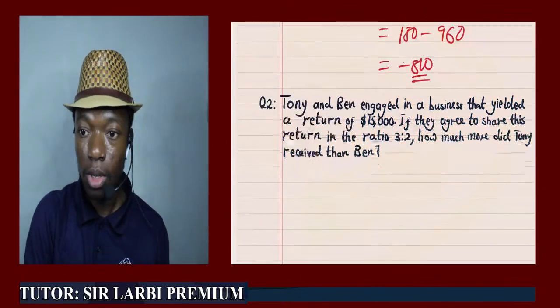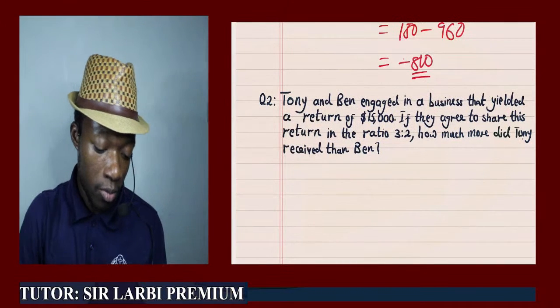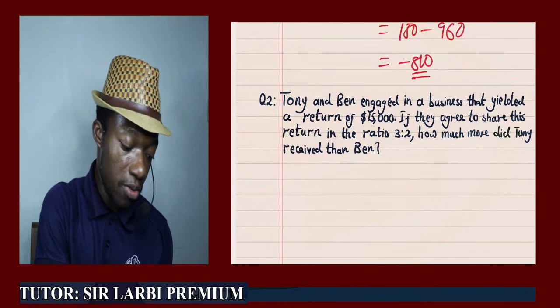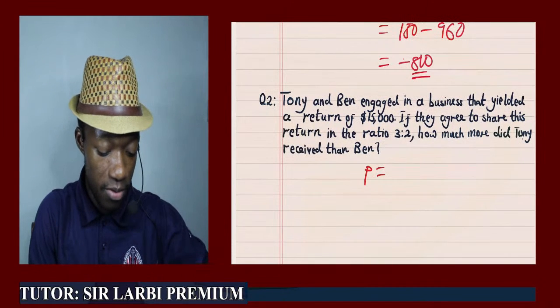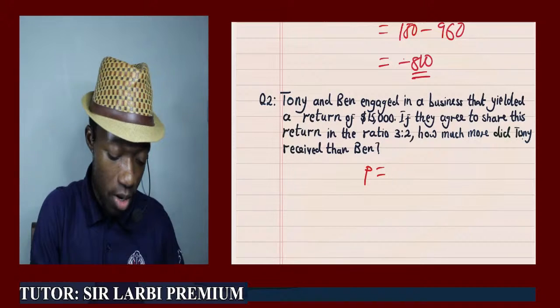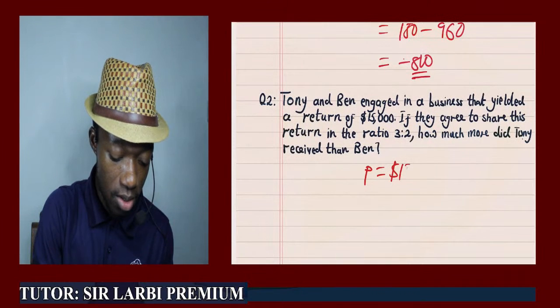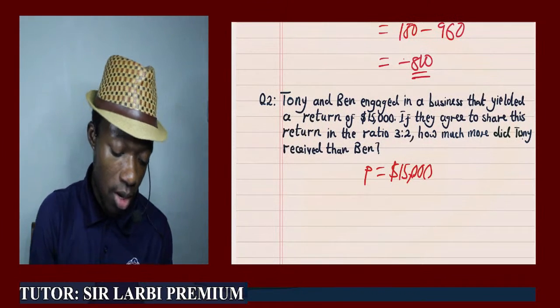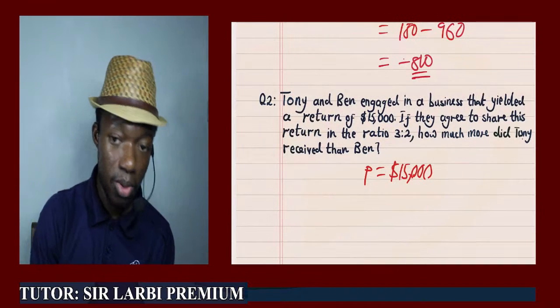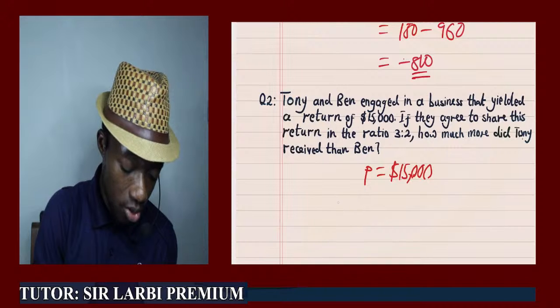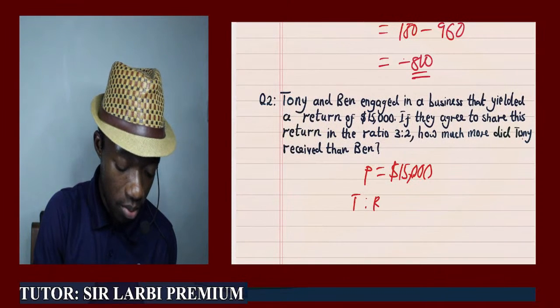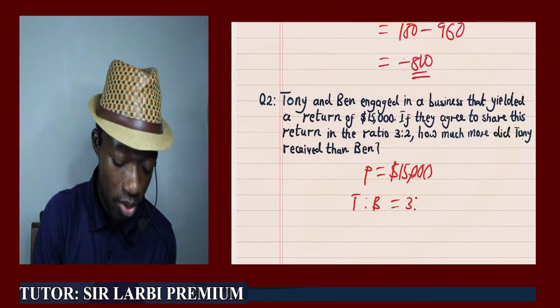Okay, we were told that they earned a profit of 15,000. Their profit value is $15,000. And then their ratio is 3 is to 2. So the ratio T is to B is equal to 3 is to 2.